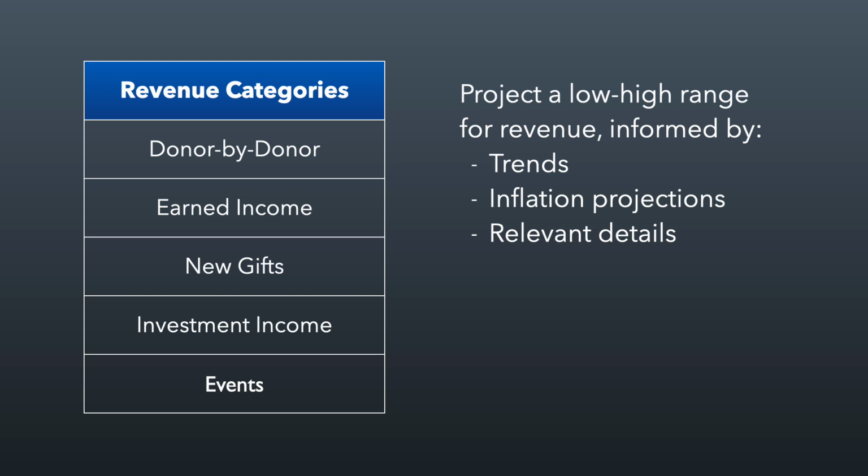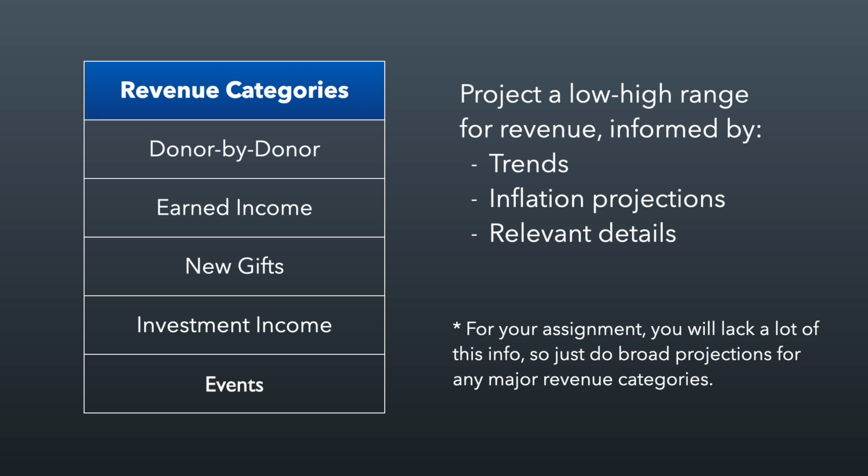If you have investment income, you're going to project how much you might be drawing from that, especially if you have a large endowment. And if you're doing any fundraising events, you'll do projections on those. These are all different ways that you might bring in money as a nonprofit organization, and you're going to project how that went based on past trends.